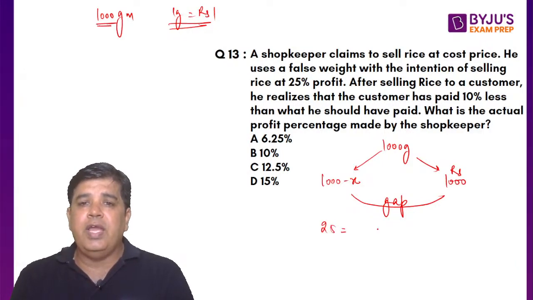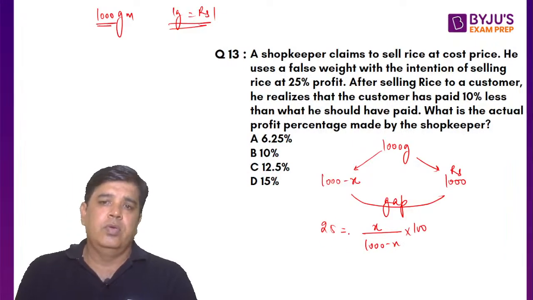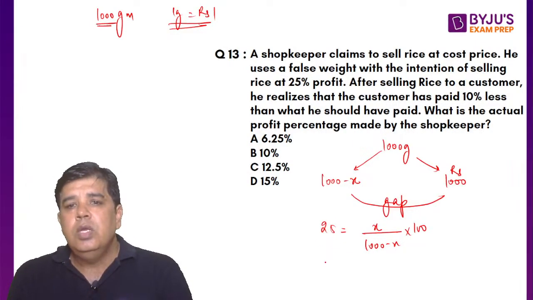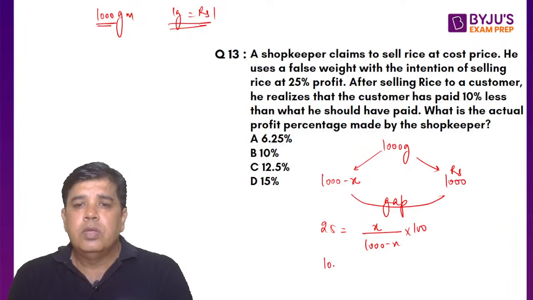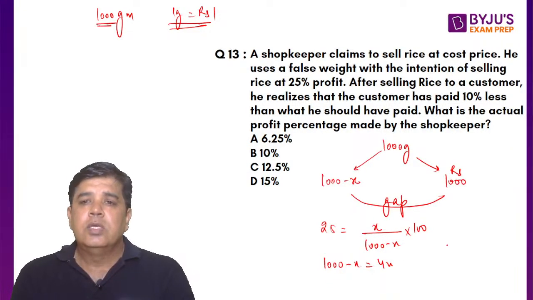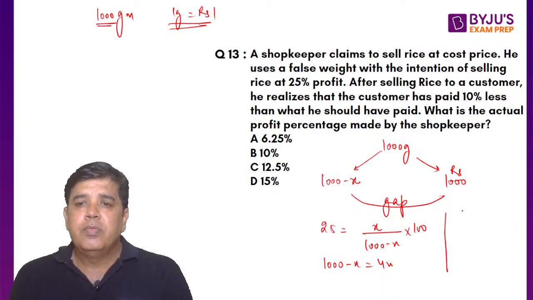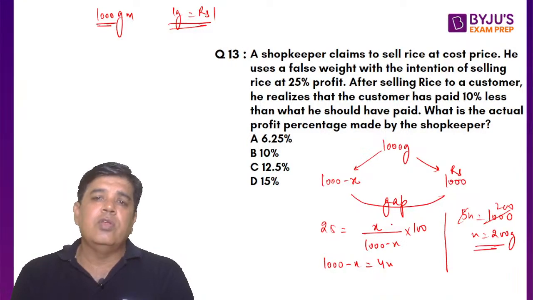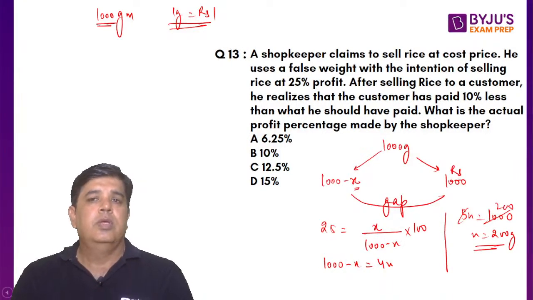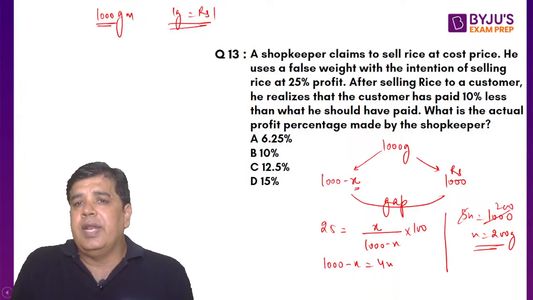So x on 1000 minus x into 100 is 25. So we have 1000 minus x equals to 4x. So 5x will be 1000, right? So x is 200. So the cheating is of 200 gram.